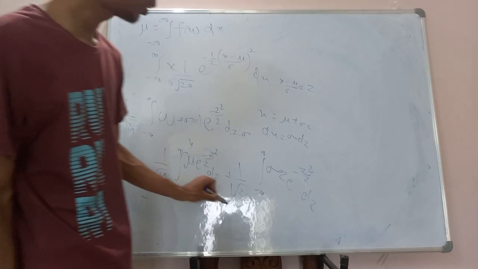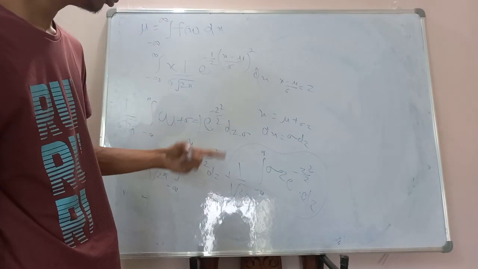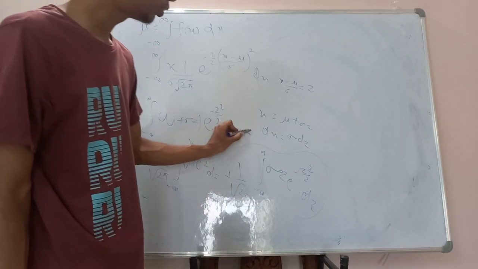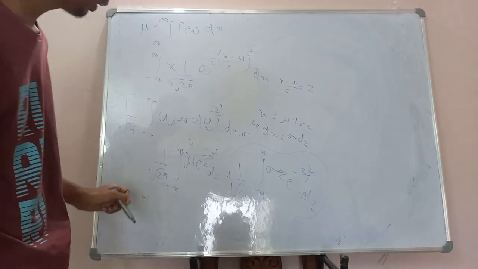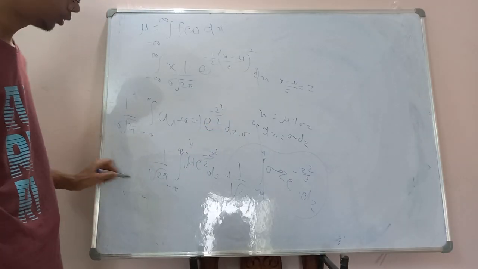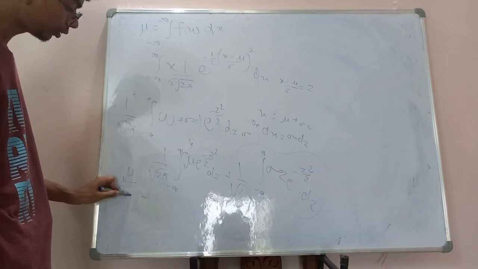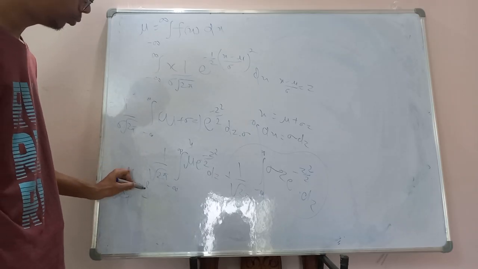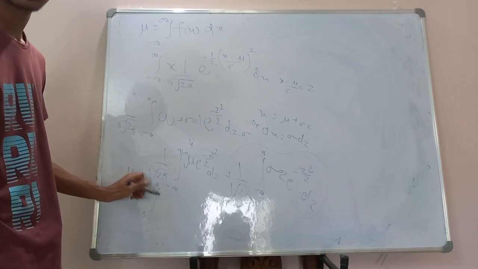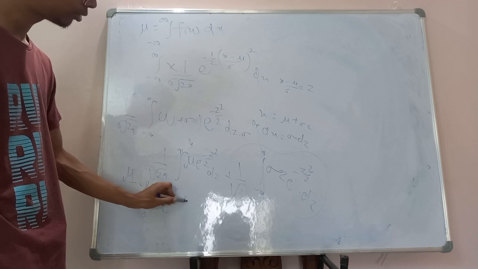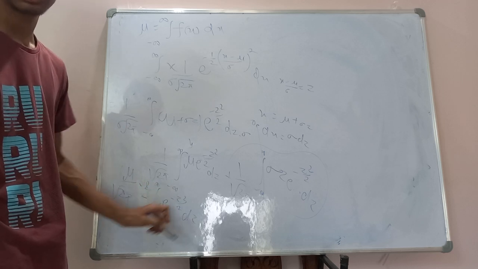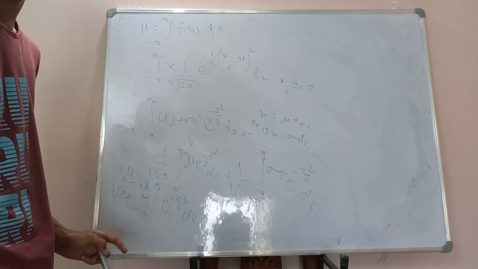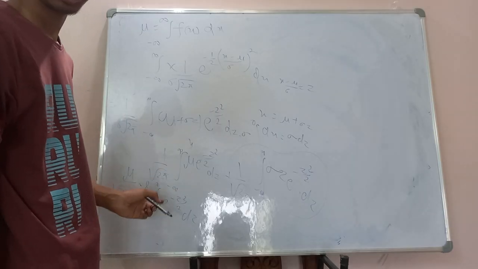So this is an odd function, so this will be equal to 0, and this will be equal to mu by root 2 pi into 2, 0 to infinite e to the power minus z square by 2 dz, right.